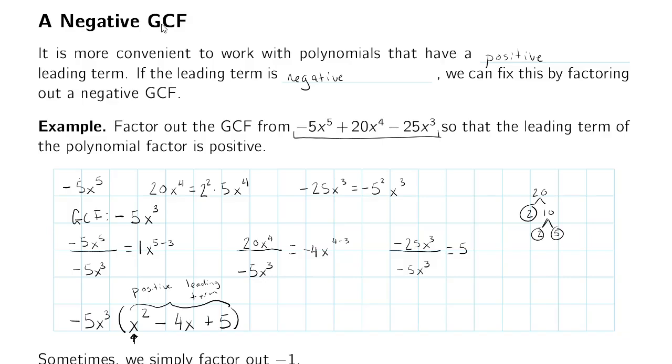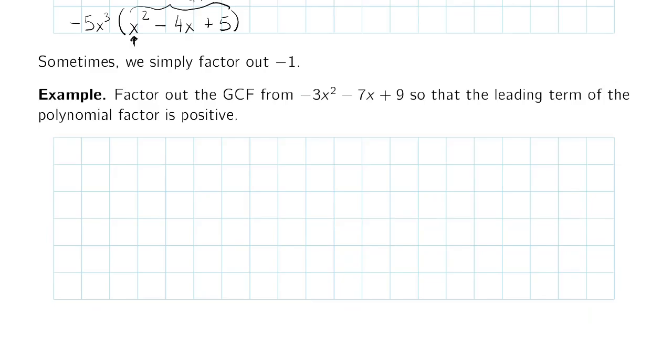Now, sometimes we don't really have any common factors between the terms, but we still want to get rid of a negative leading term. In that case, we can just factor out the number negative 1. So we have the terms negative 3x squared, negative 7x, and 9, which is 3 times 3.